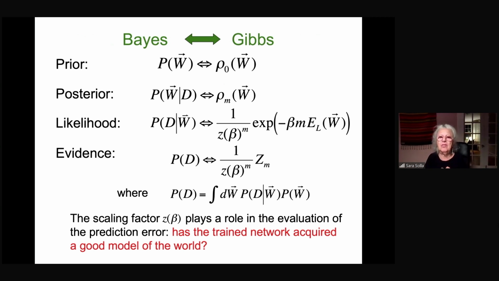So we want rho 0 of W to be broad. We end up with a much narrower posterior rho M of W. We can compute the likelihood of the data, and we can compute the evidence. And this scaling factor C of beta plays an important role in the evaluation of the prediction error, which is what allows us to decide whether the trained network has acquired a good model of the world.